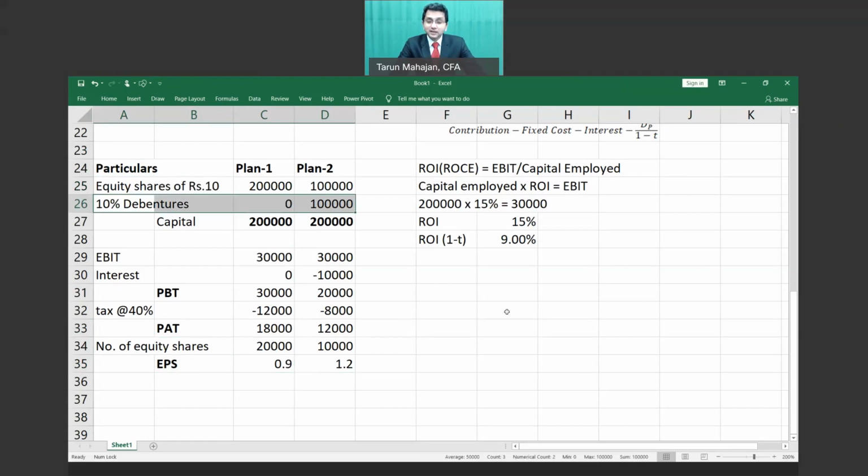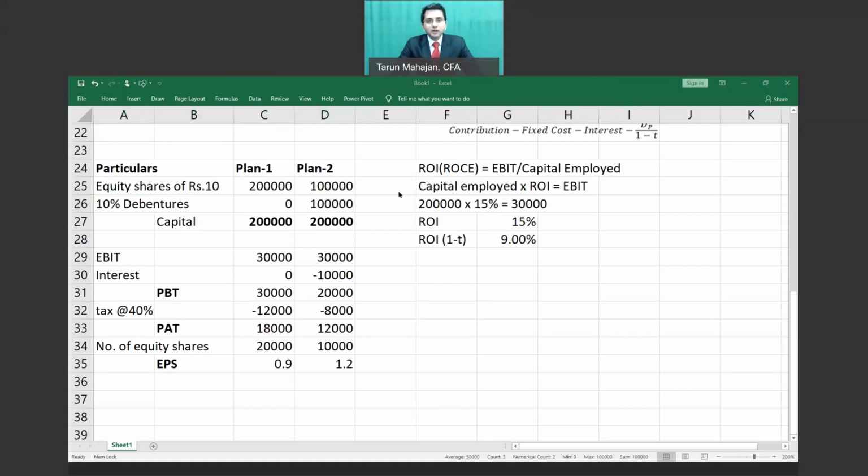When this money is invested in the business, you will earn 15% and you will pay just 10%. 5% will be the surplus. You borrowed money at the rate of 10% and you're investing it at the rate of 15%. Surplus left is 5%.